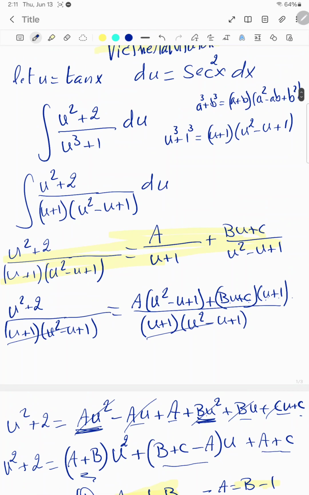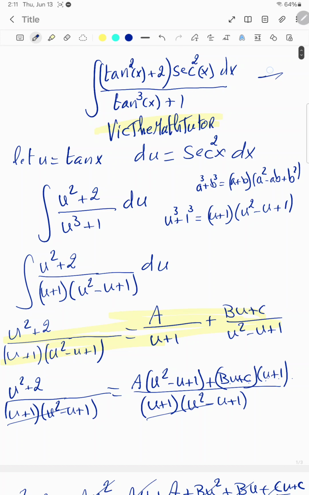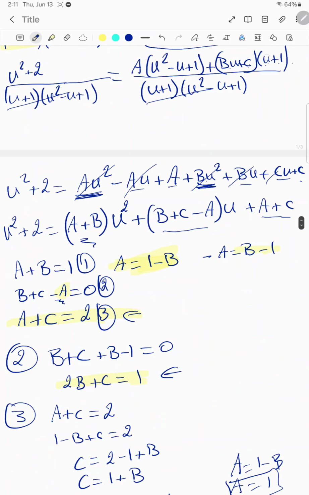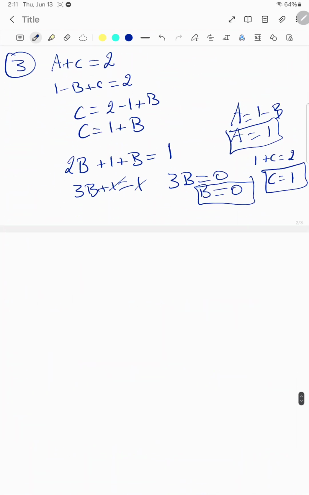So my original integral becomes this one here. a is equal to 1, we just calculated. b is equal to 0. c is equal to 1.